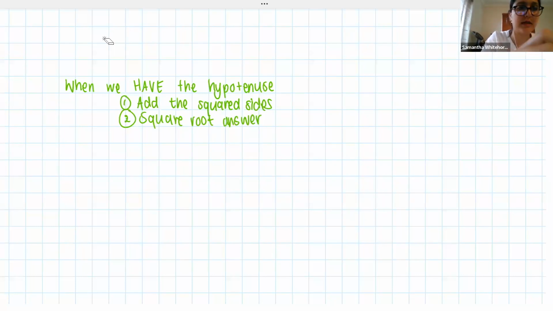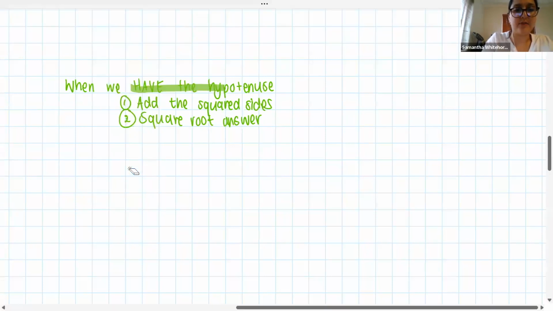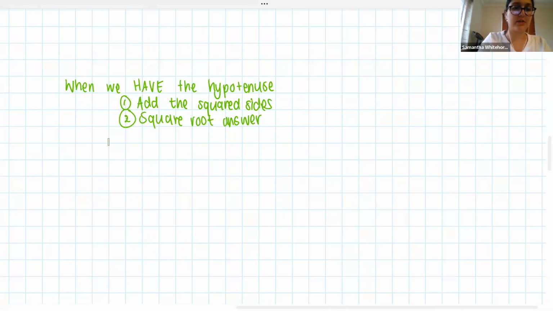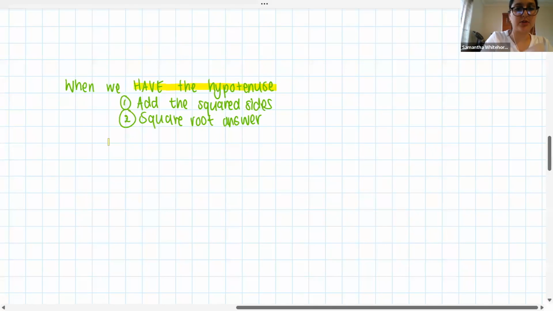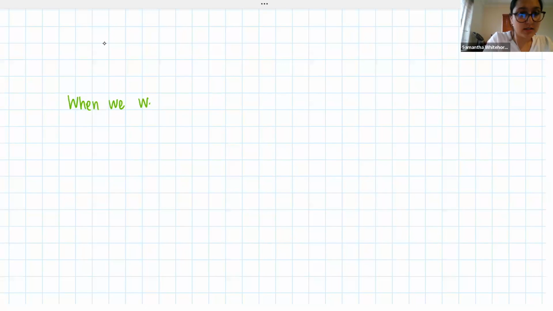Okay, now importantly, this is when we have the hypotenuse. Terrible highlighting choice. Let's try that again. So this is when we have the hypotenuse, we add, and then we'll square root. Yo, guys, the English, not when we have. Okay, let's try this again because my brain has stopped working. Okay, right. When we want the hypotenuse, we add and square root.